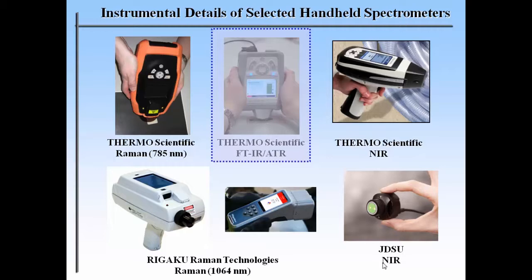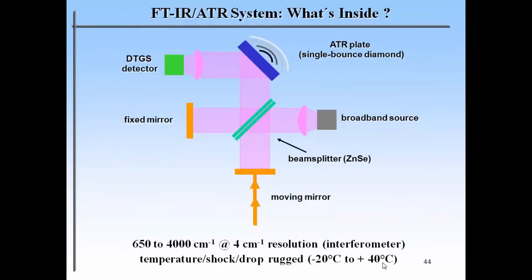Okay, what's in the mid-infrared system? You have an interferometer. You have a Michelson interferometer integrated, a source, a beam splitter, a moving mirror, a fixed mirror, and from both mirrors the radiation comes back and falls on this single bounce diamond ATR plate, gets in contact with your sample.